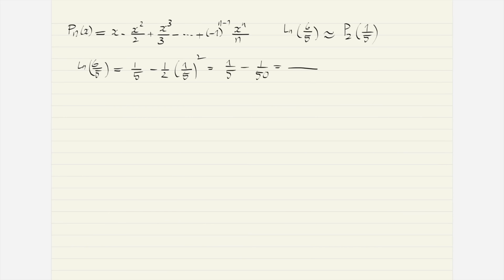And if I take the common denominator, it becomes 10 minus 1, so it's 9 over 50. So ln of 6 over 5 is approximately 9 over 50, and according to what we did, it is guaranteed that this approximation has at most 1 over 300 error. It's not more than that.